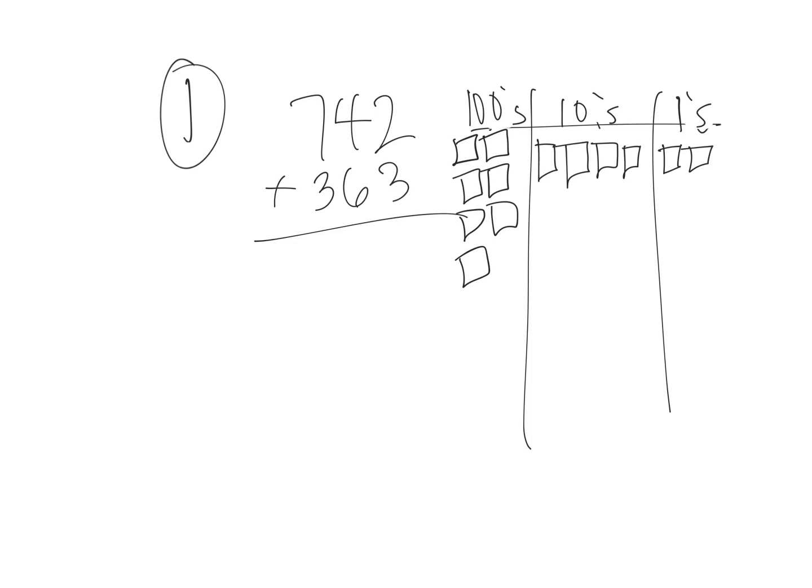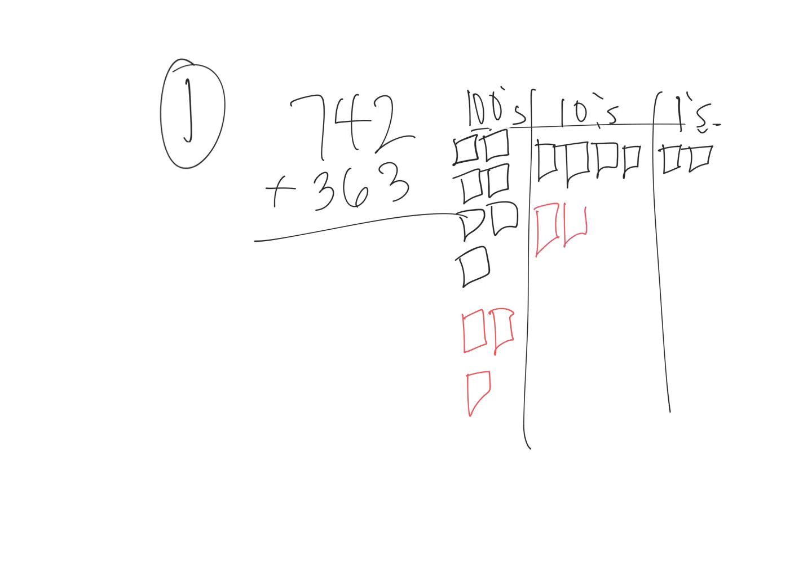So now I'm going to add on 363. So how many hundreds do I need to add? That's 3 hundreds. Okay, next, how many tens do I need to add? Yes, 6 tens.